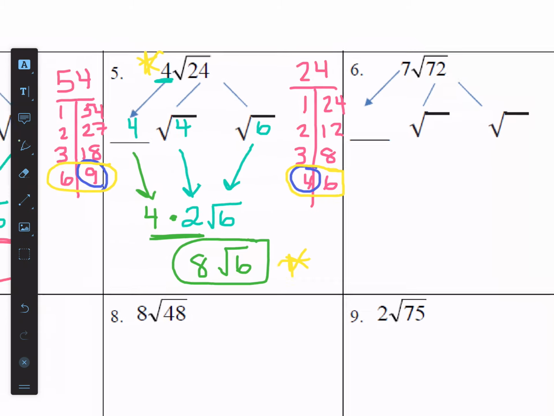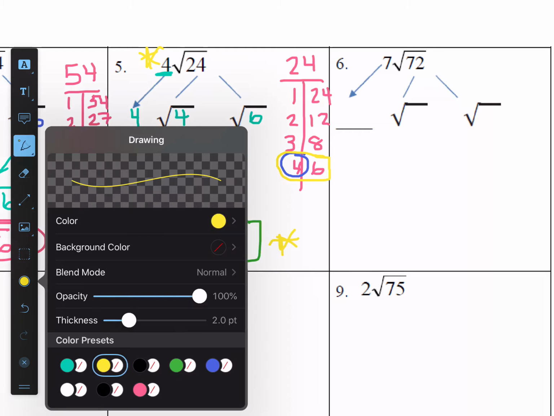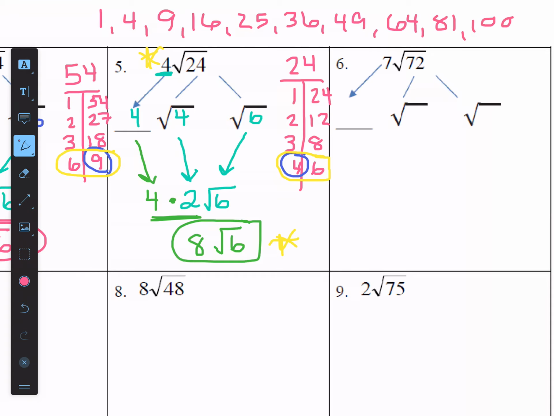Just one other thing to mention before we continue. It would, I think, be helpful for you at the top of your paper to jot down your perfect squares, just so that you have that list in front of you. Now, you don't need to memorize these, okay? If you just think in your head, what is 1 squared? Well, 1 squared is 1.